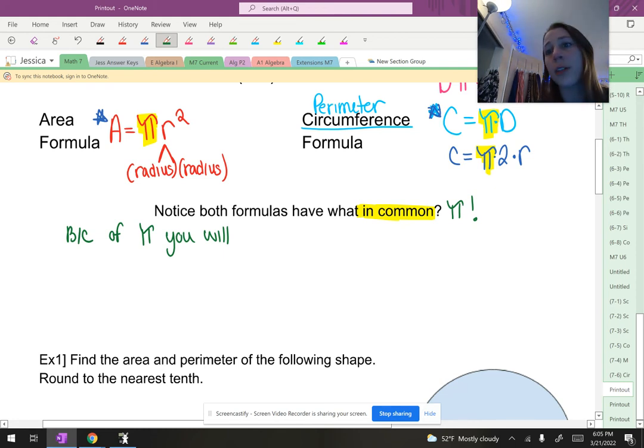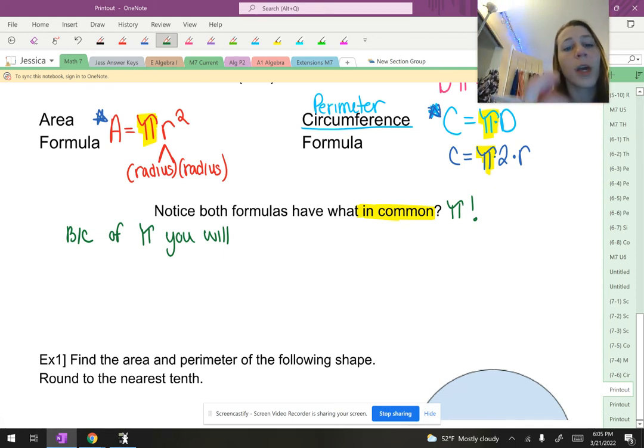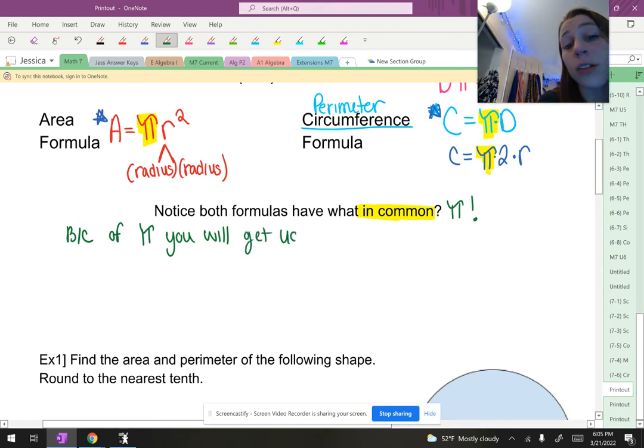Well, it's a very ugly, never-ending, non-repeating, irrational number. Because of that, you are going to get ugly irrational, never-ending, non-repeating decimals as your answers.